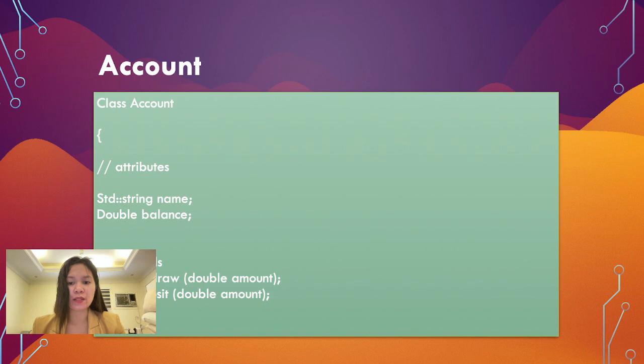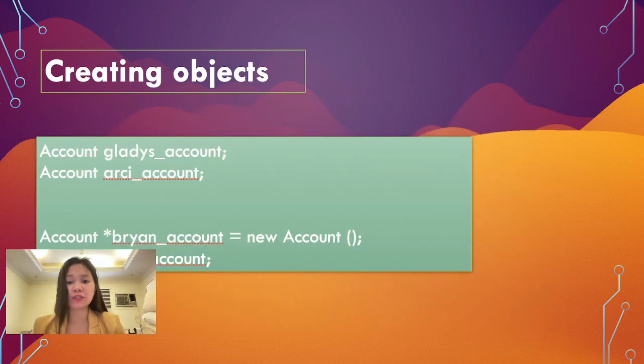And in methods, we have void withdraw, double amount, and void deposit, double amount. In creating objects, also Account Gladys_account; and Account RC_account; and Account *Brian_account = new Account; and then delete Brian_account.